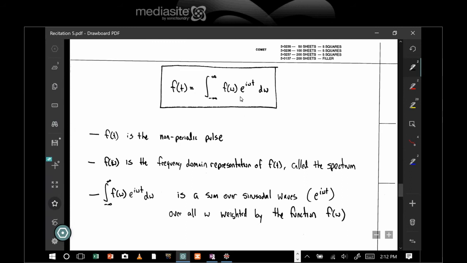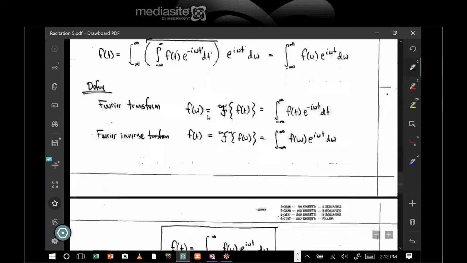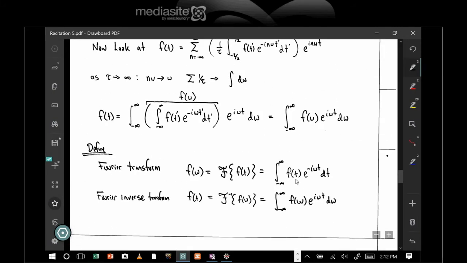And if I know the spectral content, I can get the function of time. A lot of times when we do this in practice, we'll be given an f of t, and in order to get the spectrum, I can always do this. I give an f of t, I can get the spectrum, which is called the Fourier transform. If I know the spectrum, I want to get f of t back.